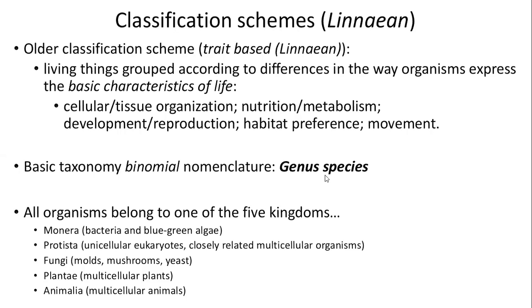And we used genus and species to name things, so everything had a genus and a species. And everything is grouped into five kingdoms, and this is still the case today. You've got bacteria, and blue-green algae are in that area. You've got protists, which are single-celled eukaryotes, fungi, plants, and animals. We, of course, are in the animal group.